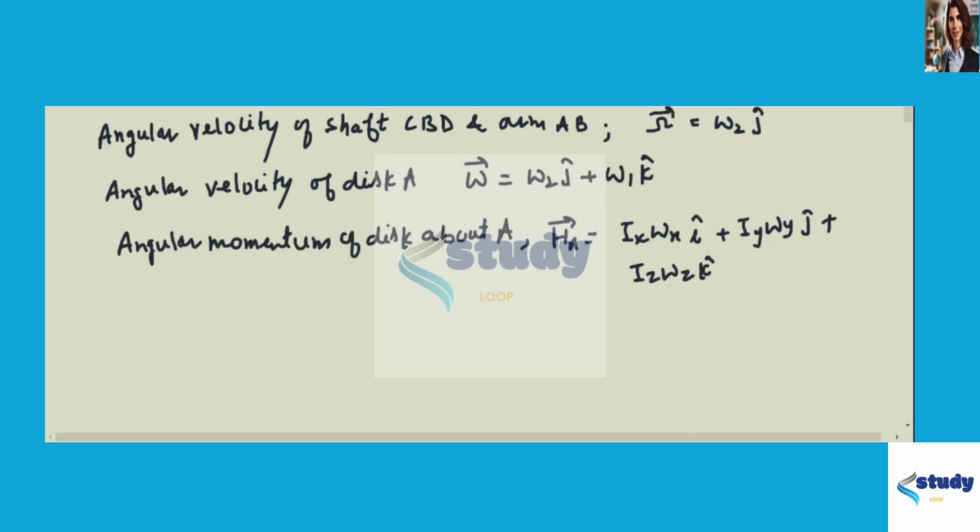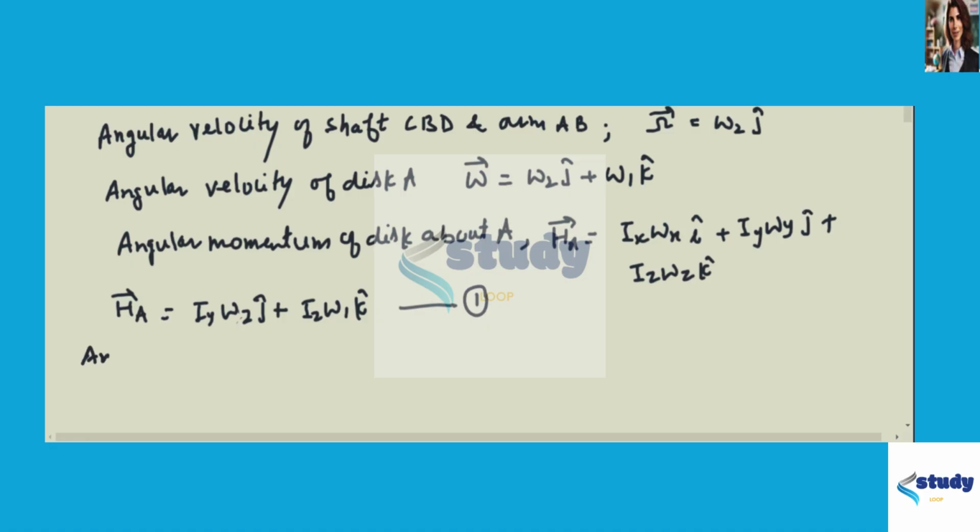Omega x is 0, so this term becomes 0. So you will write Iy omega 2 j cap plus Iz omega 1 k cap.